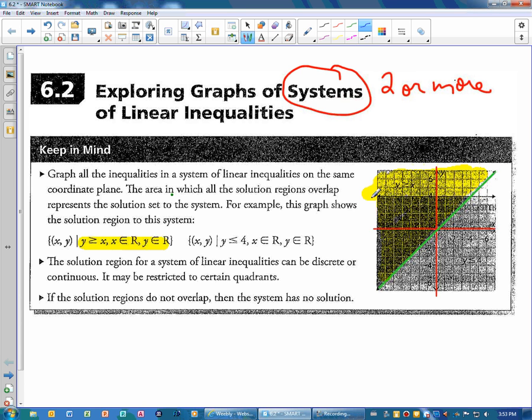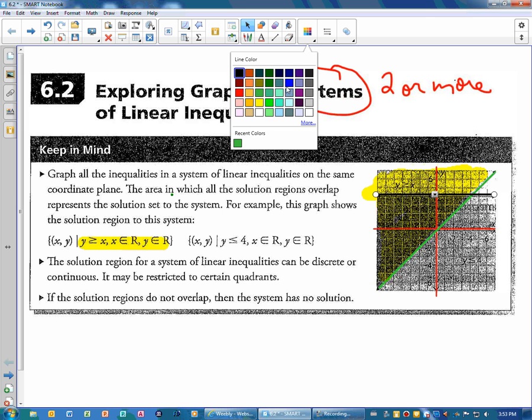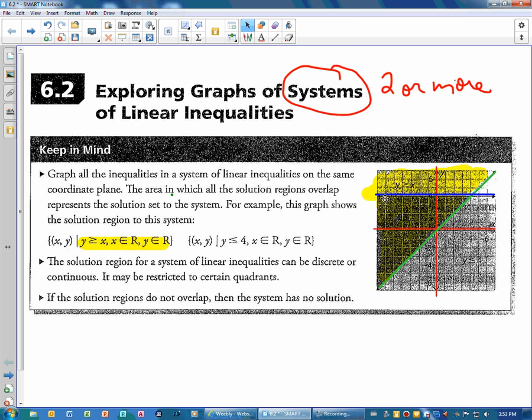Now, this line, y is less than or equal to 4, crosses the y-axis at 4. It says y is less than or equal to 4, so it has to be everything underneath.